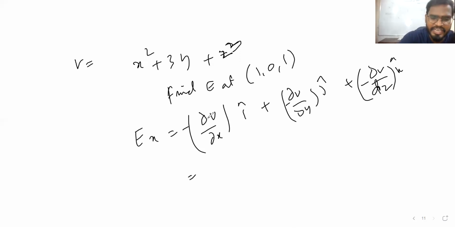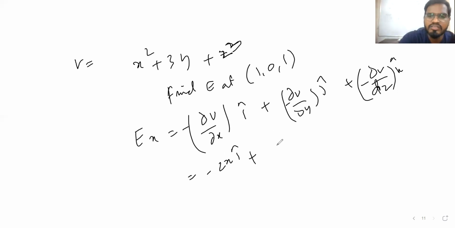Let's see, del V is what here, guys? Now with respect to x, we are supposed to differentiate it, right? So x square differentiated is 2x, so minus 2x i cap.